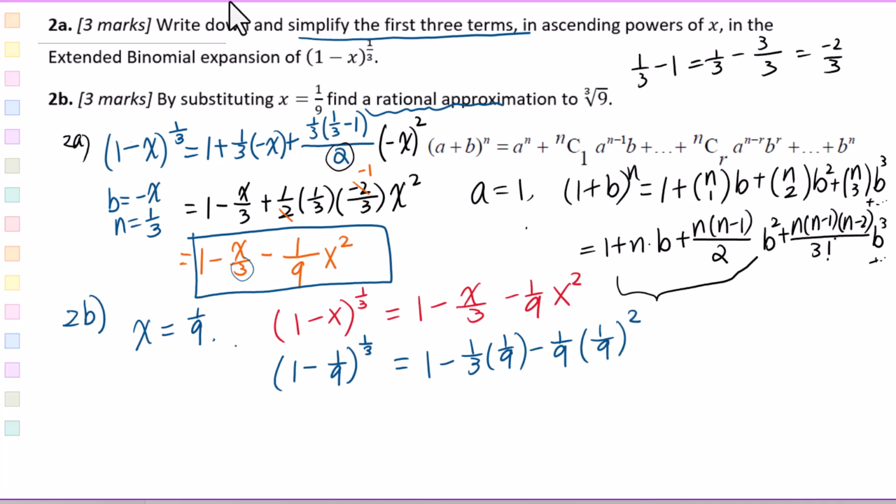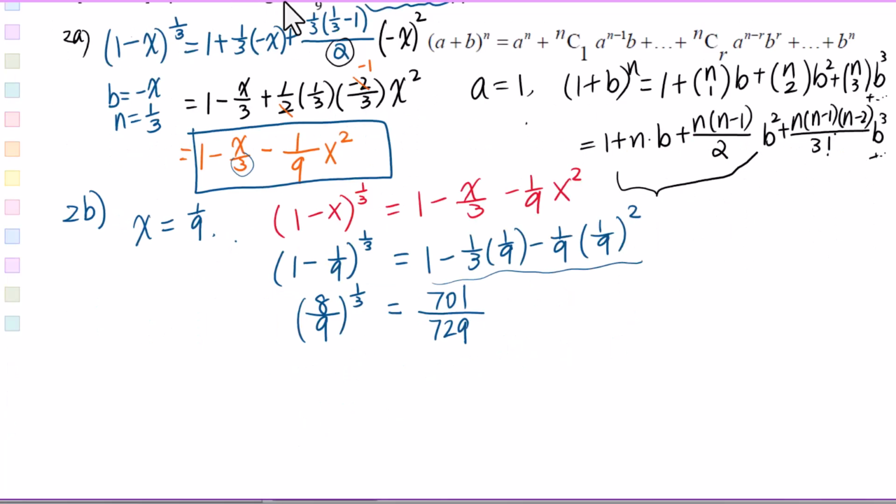For this part, we will get (8 over 9) to the 1/3 power equals. We put this into the calculator. We got 701 over 729. 8 to the 1/3 power equals cubic root of 8 equals 2. We got 2 over cubic root of 9 equals 701 over 729.